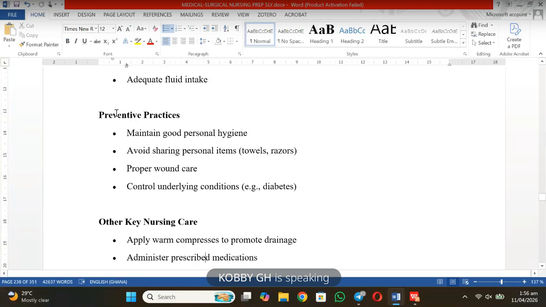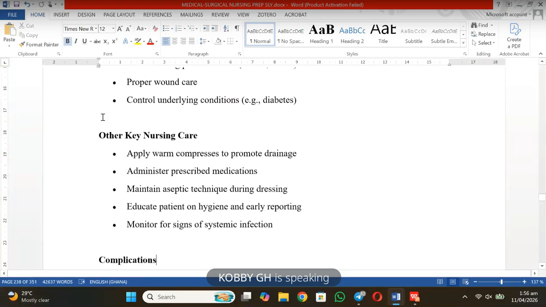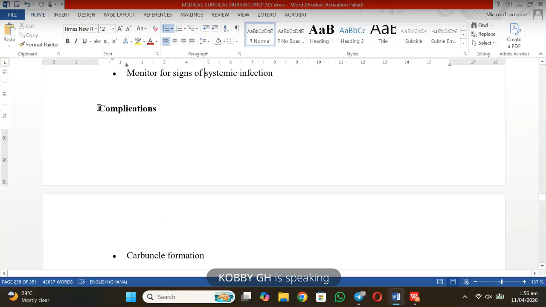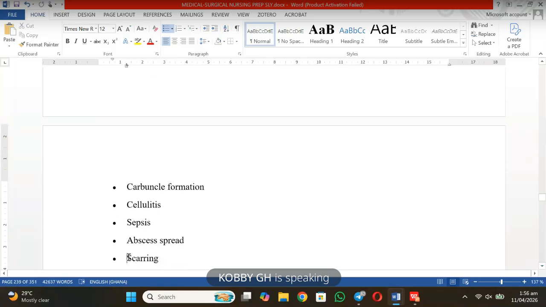Preventive practices include personal hygiene practices, so maintaining good personal hygiene, avoiding sharing items, especially razor blades and towels. Now, when it comes to complications, a common complication of a pharyngeal is a carbuncle.